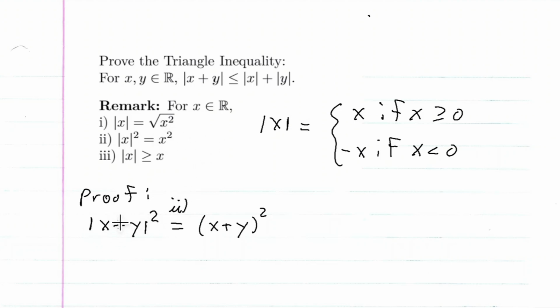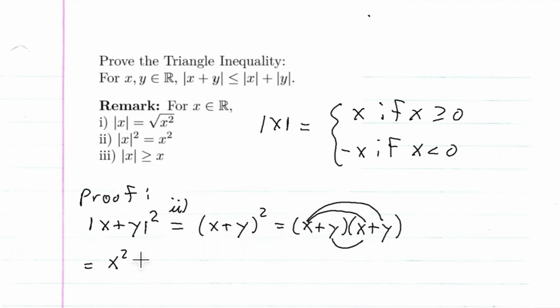So the absolute value of x plus y squared is just x plus y squared. Using some algebra, this is equal to x plus y times x plus y. And this is equal to x times x is x squared, x times y is xy, and y times x is xy again, so this will be 2xy. And then y times y is y squared.